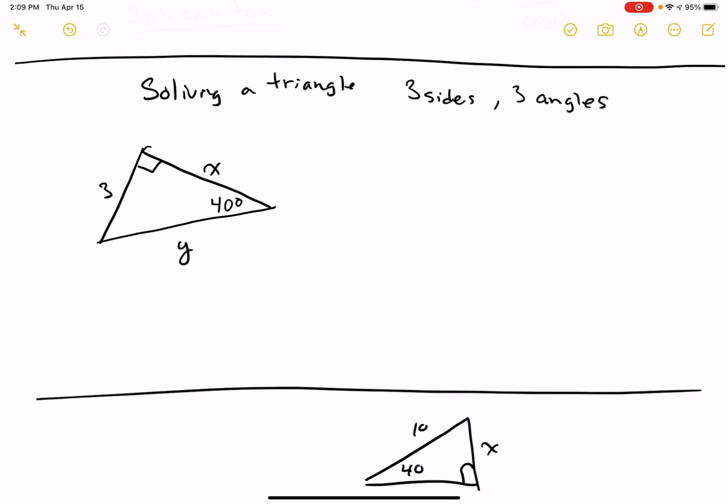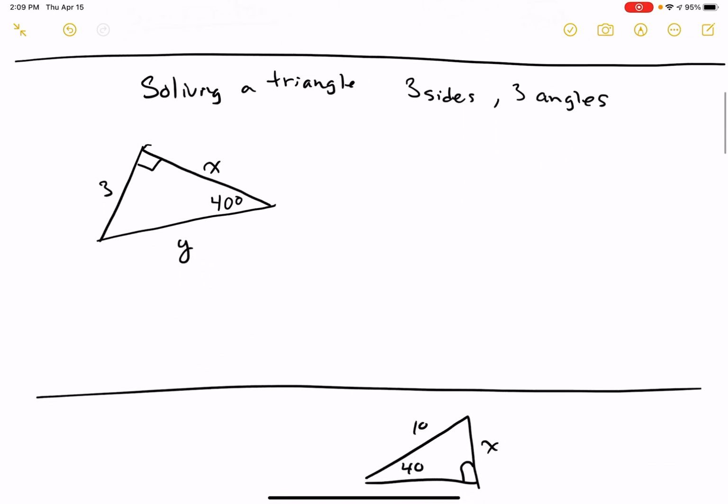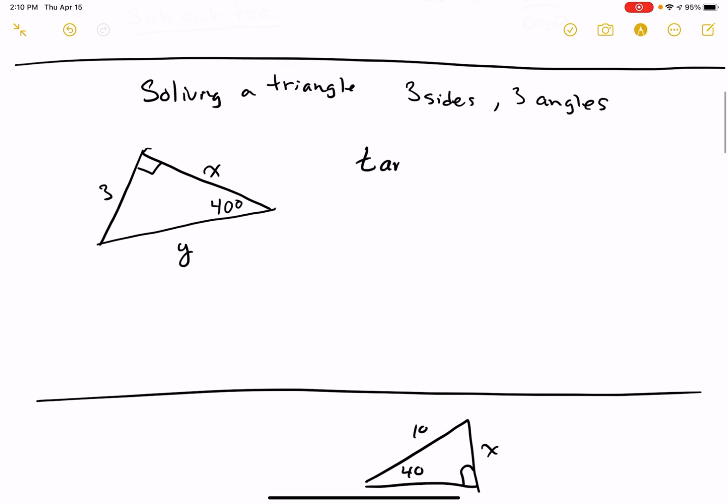Okay, so I'm involving the opposite and the adjacent. That means I want to use the tangent function. So I'm going to identify that tangent function first, and then I'm going to write the tangent of 40 degrees is equal to 3 divided by x.